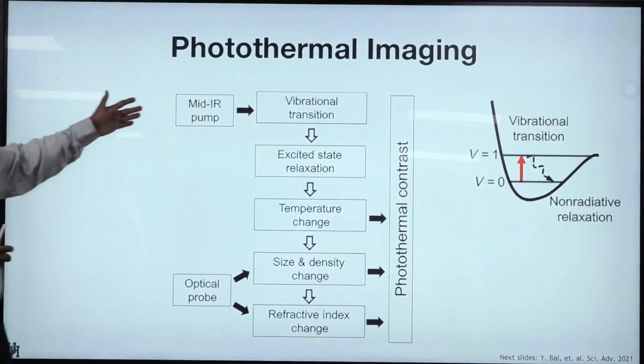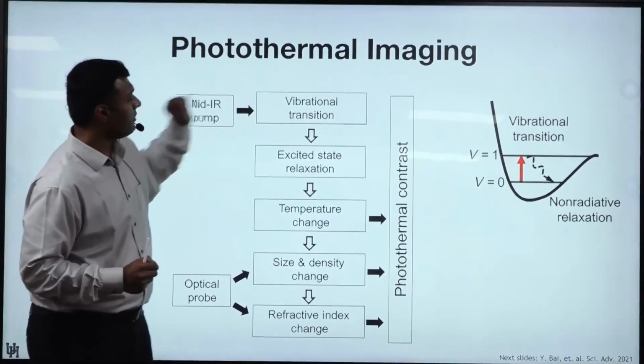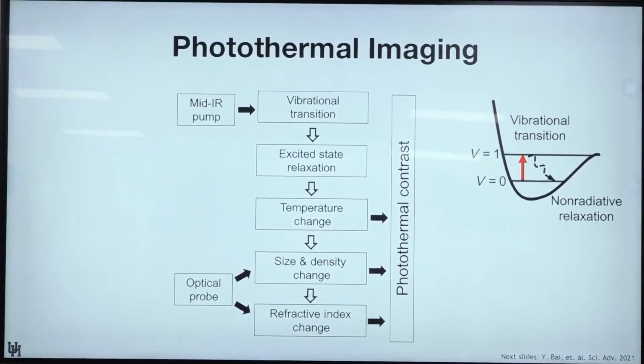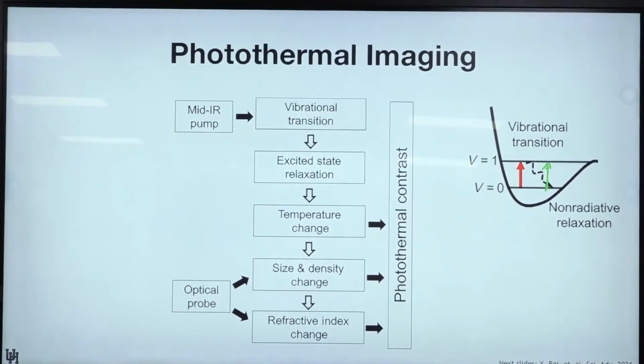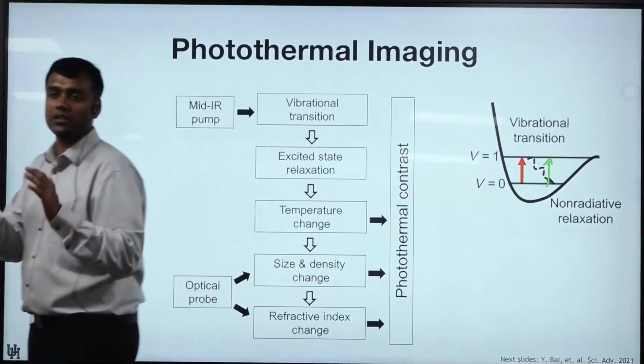You have a mid-infrared beam, which is also called the pump beam. You create a vibrational transition. I mentioned that molecules have different quantum mechanical states, so light gets absorbed if it corresponds to a difference in the vibrational transition state.